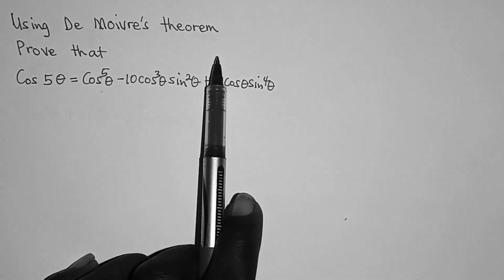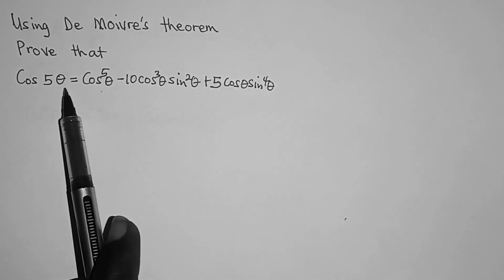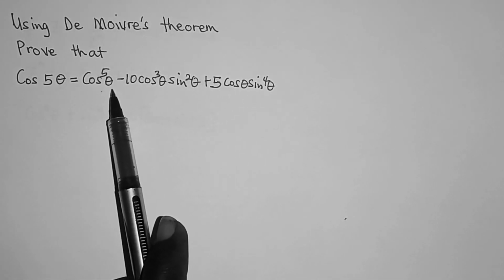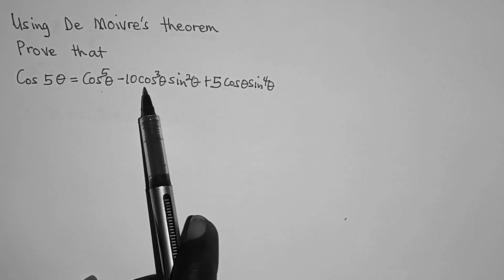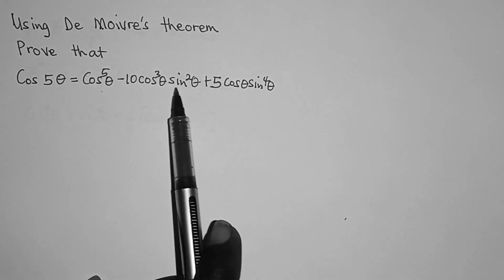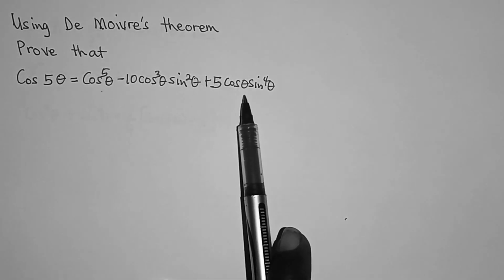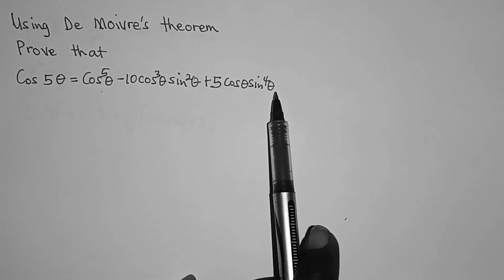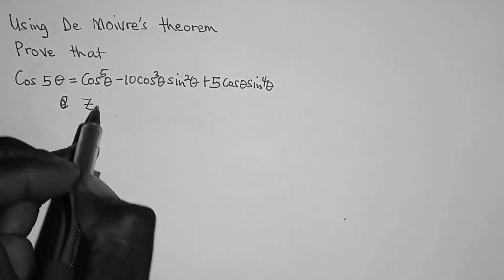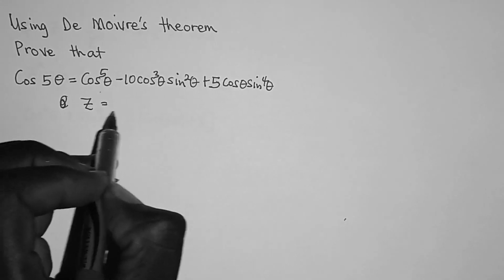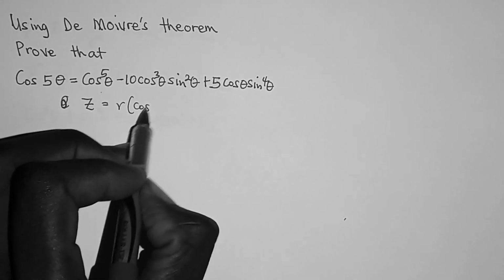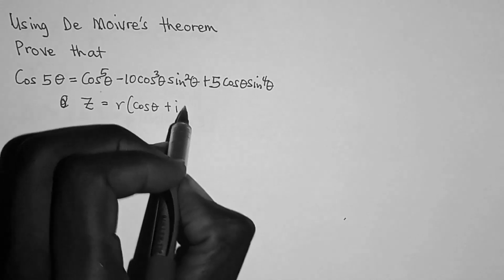Using De Moivre's theorem, prove that cos 5 theta is equal to cos theta exponent 5 minus 10 cos theta exponent 3 sine squared theta, plus 5 cos theta sine theta exponent 4. A complex number z is written as r times (cos theta plus i sine theta).